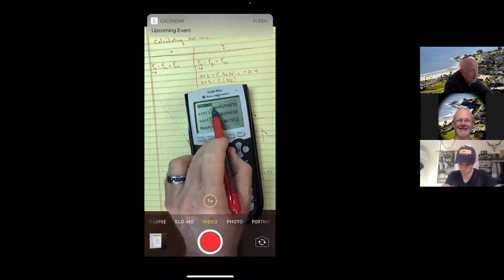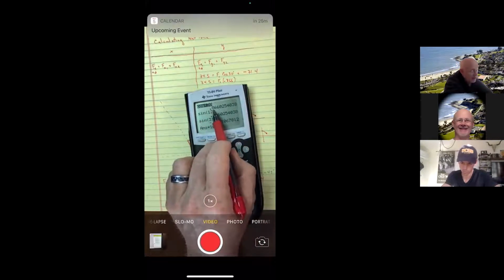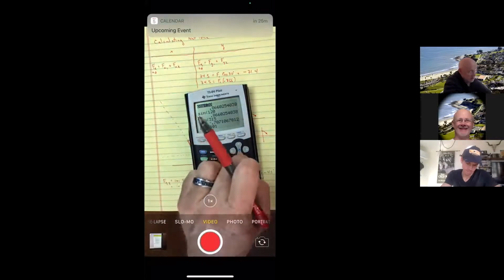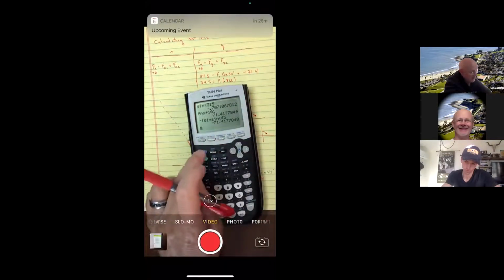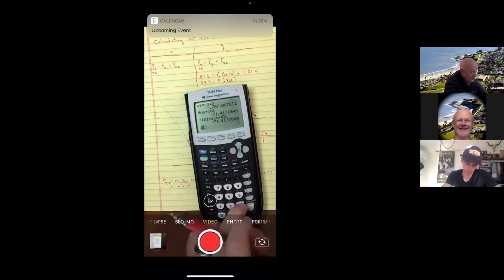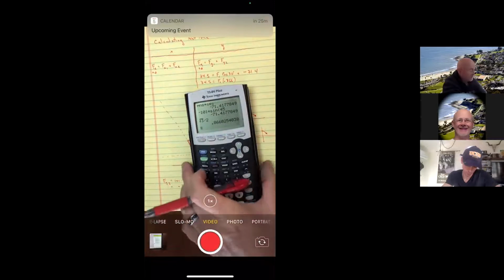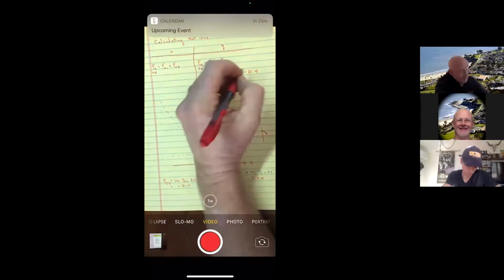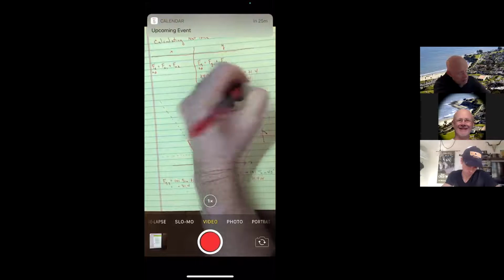Right there, cosine of 30 degrees, 0.866. Okay. Which should be, actually, I'm just going to test myself, should be the square root of 3 divided by 2. Yeah, root 3 over 2. Okay, and then minus 71.